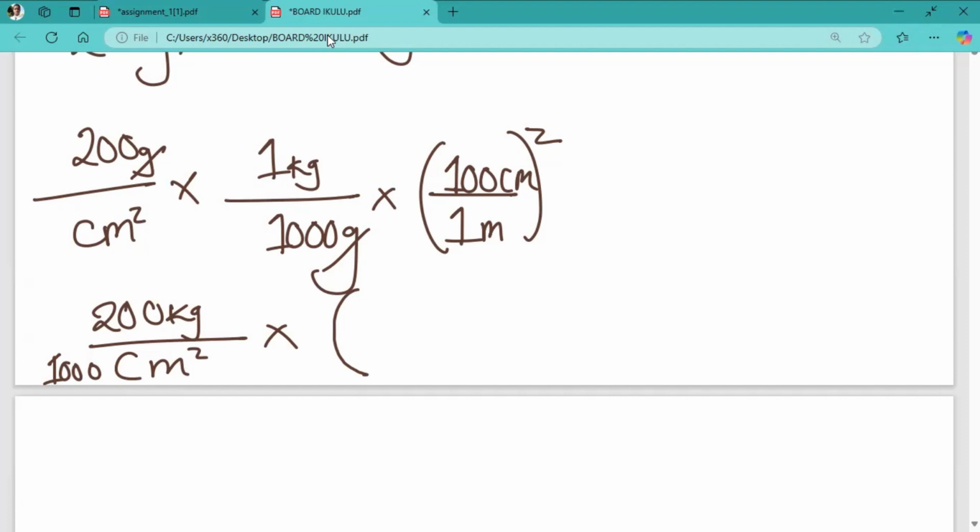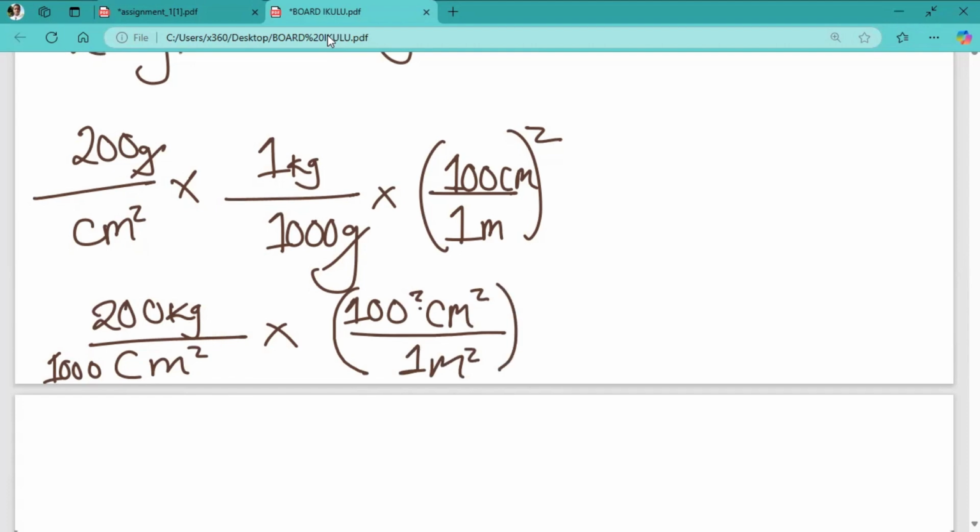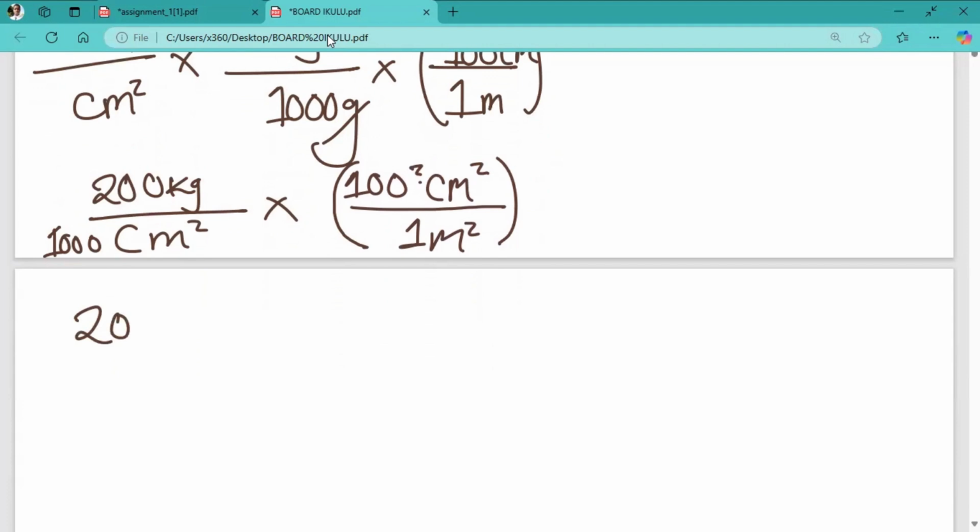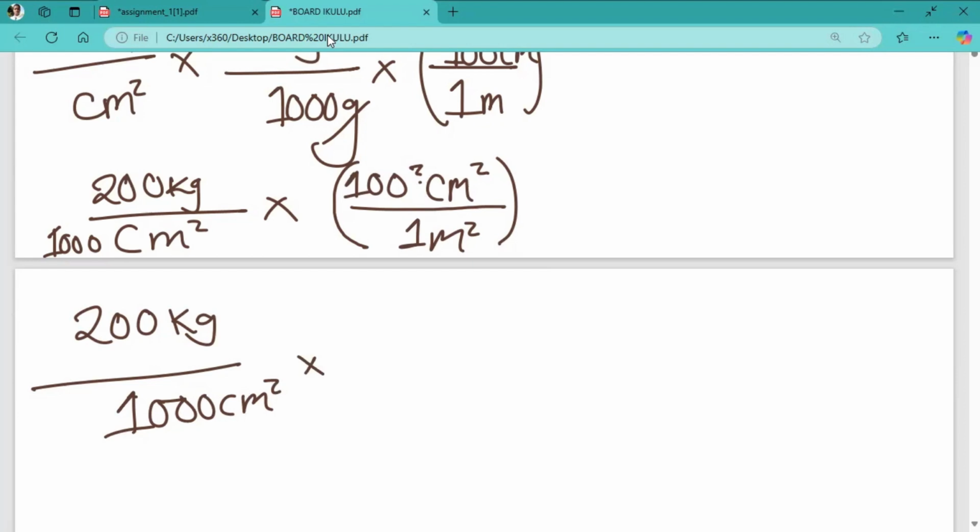Then I'll distribute this power to both the numerator and the denominator, so I'm going to have 100 centimeters squared over 1 meter squared. So 200 kilograms over 1000 centimeters squared multiplied by 100 squared, which gives us 10,000, so multiplied by 10,000 centimeters squared over 1 meter squared.